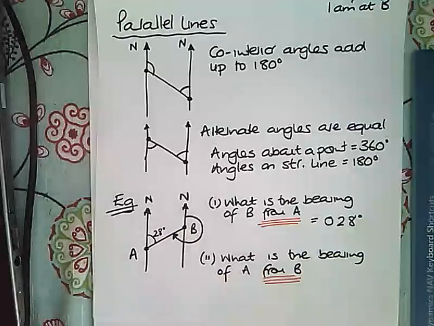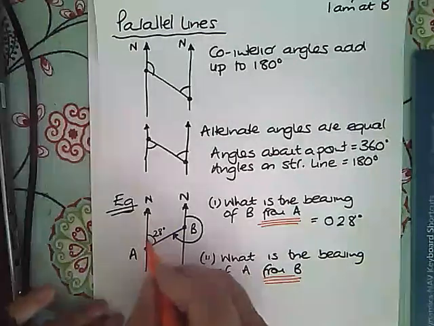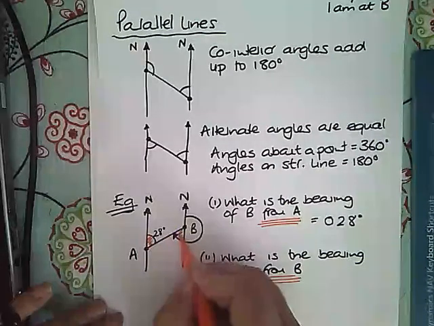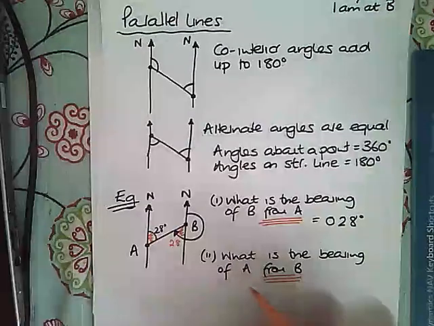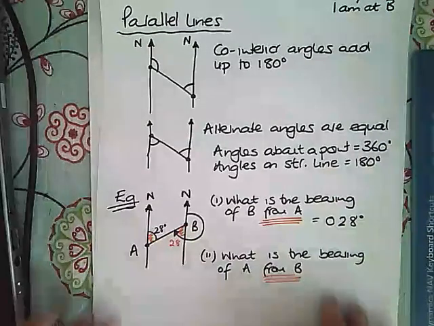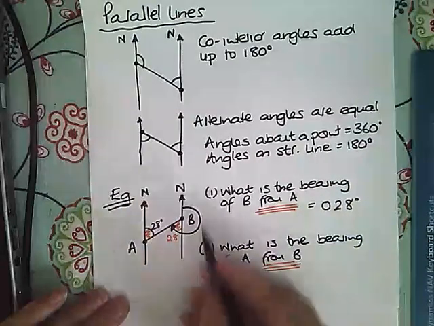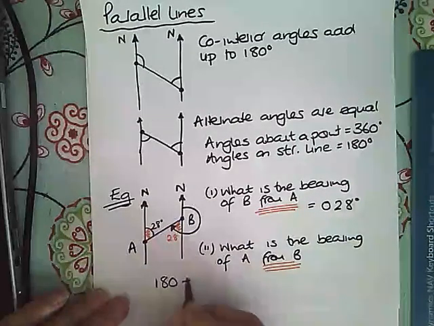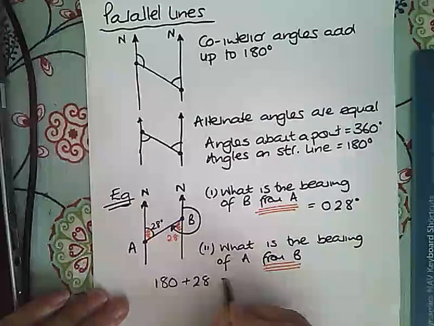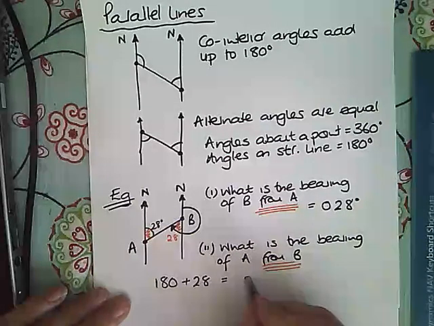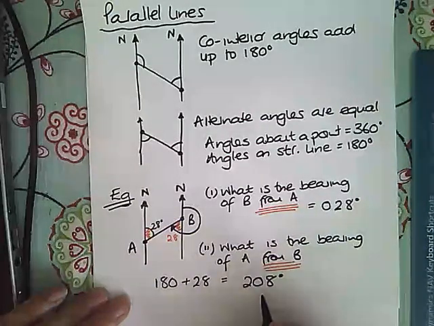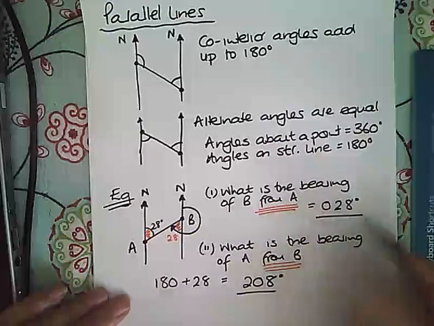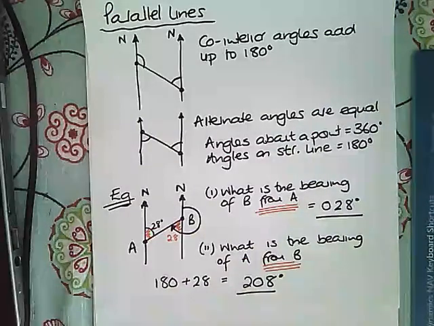In this case, I would use the fact that alternate angles are equal, so that bit there would be 28. And this is a straight line, so I would have 180 plus 28, which means that my bearing would be 208 degrees. And that is already 3 figures, so I don't need to do anything with that.